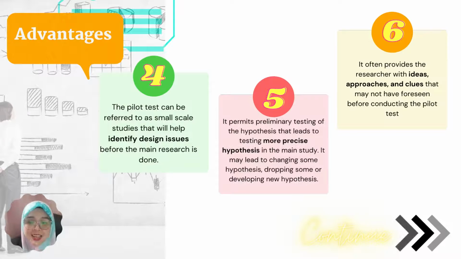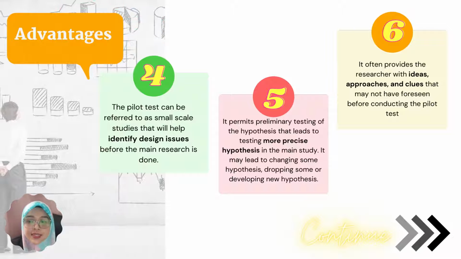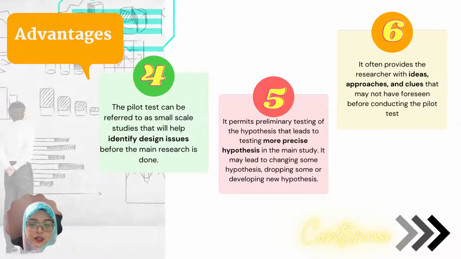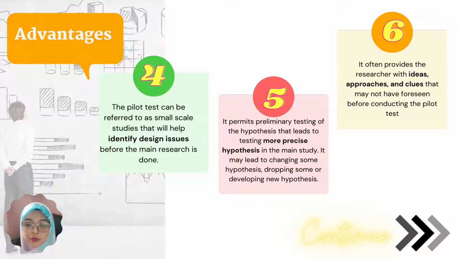In social science, the pilot test can be referred to as a small-scale study that will help identify design issues before the main research is done. Next, it permits preliminary testing of the hypothesis that leads to testing more precise hypotheses in the main study.